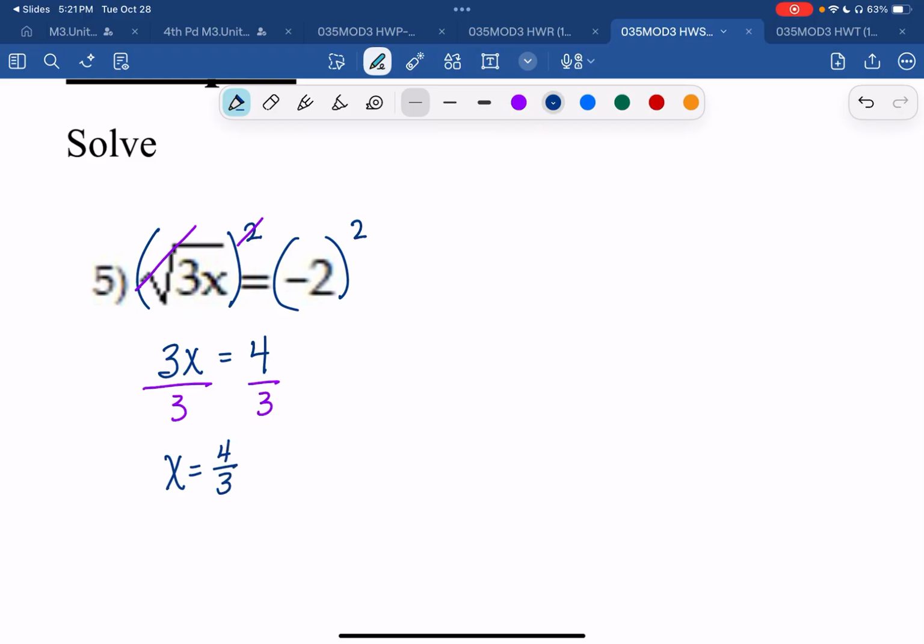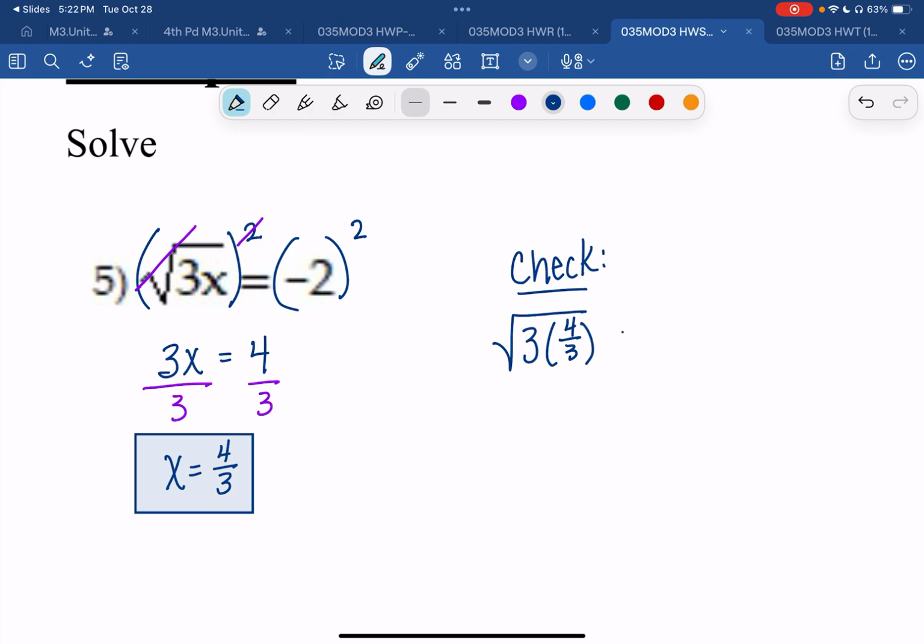So then when I check it, I've got the square root of 3 times 4 thirds. That's going to give me the square root of 4, and the square root of 4 is 2. Let's look.